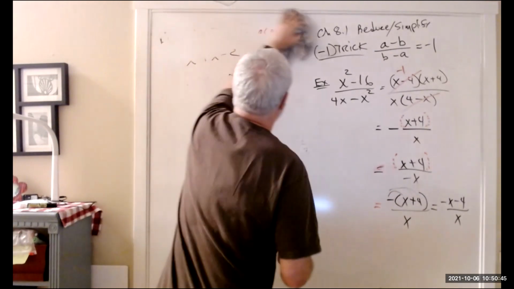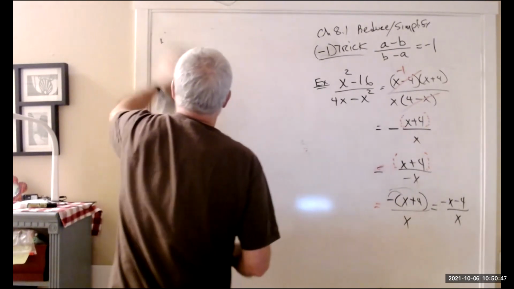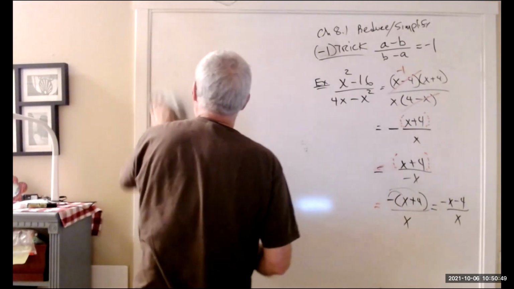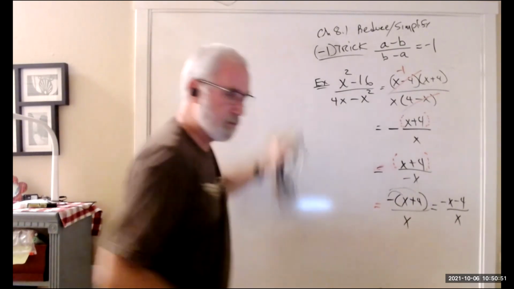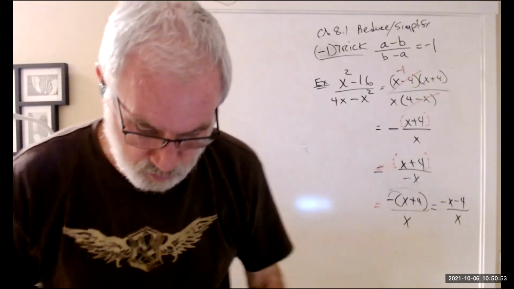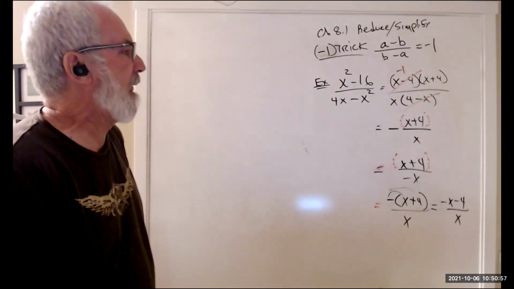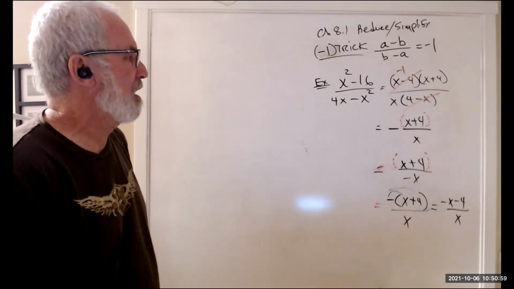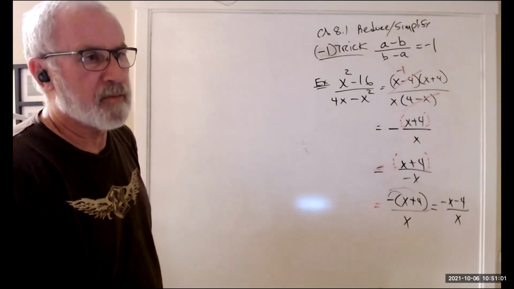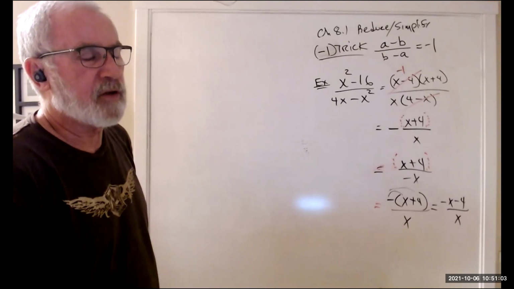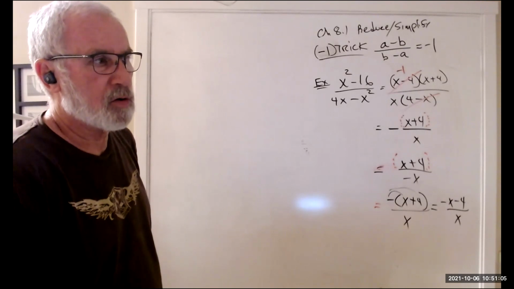You're sure? I have a question. Yeah, shoot. If you can put the -1 anywhere, couldn't the denominator be x minus 1? No, you're multiplying. It's a multiplication.